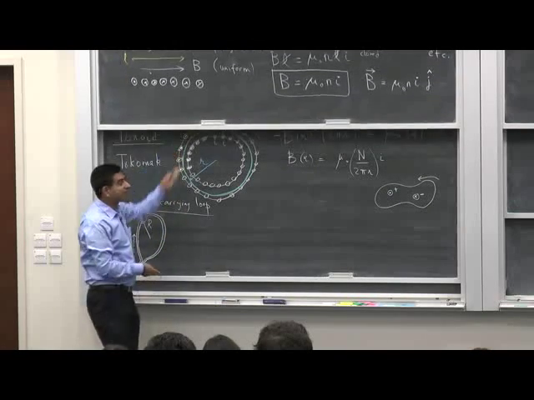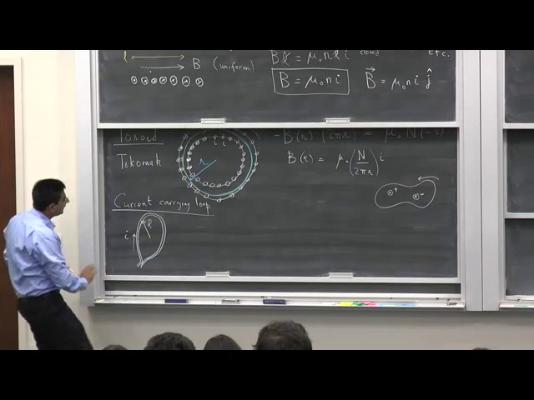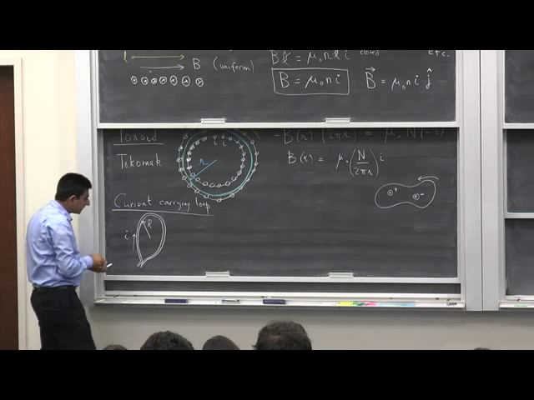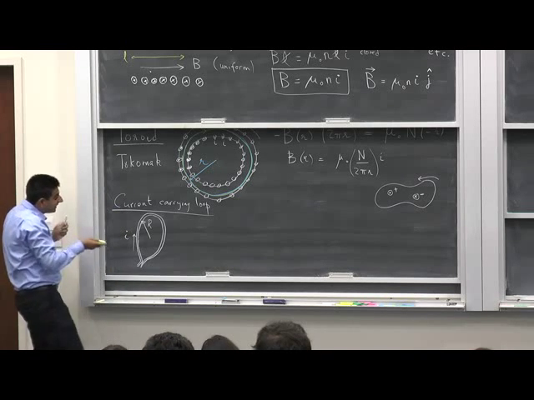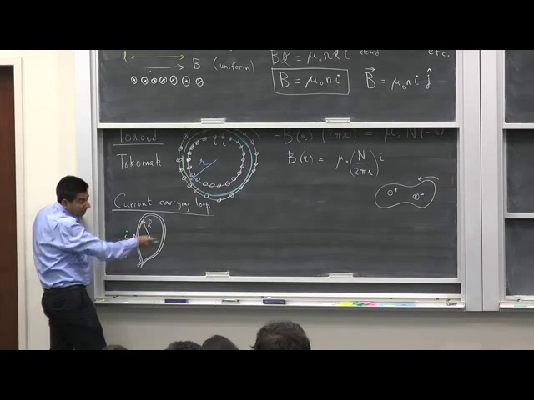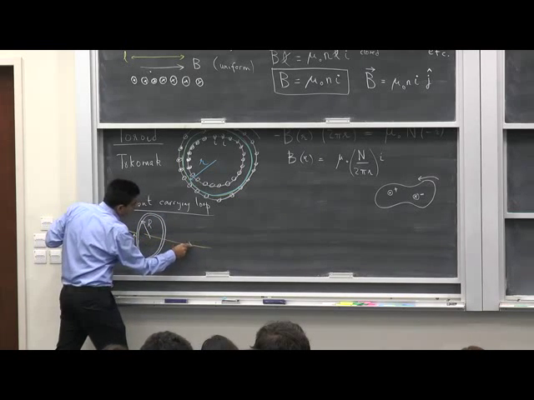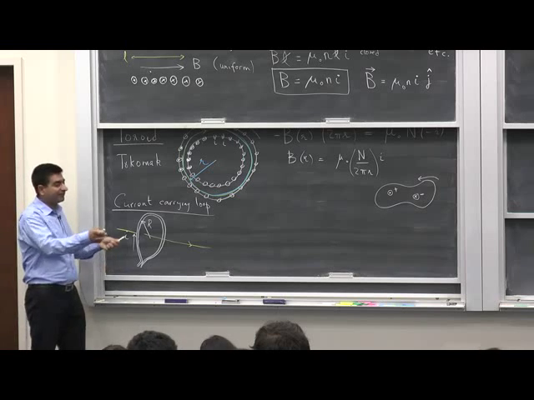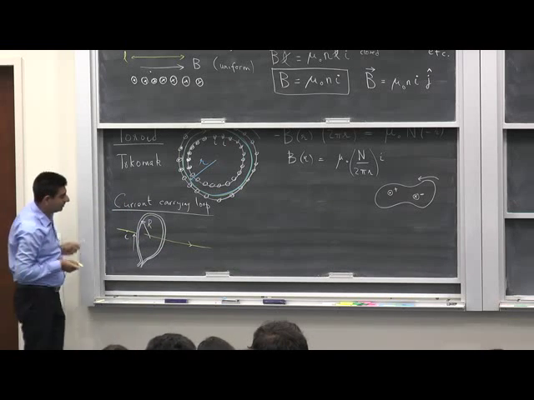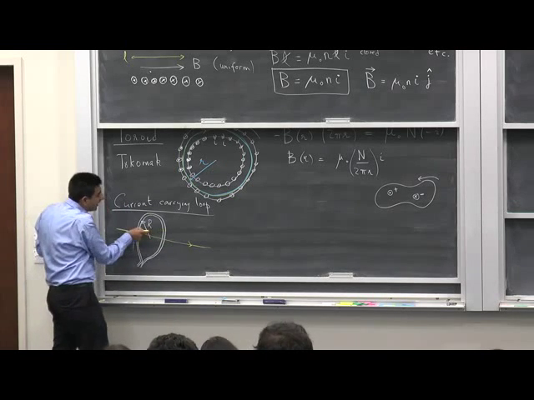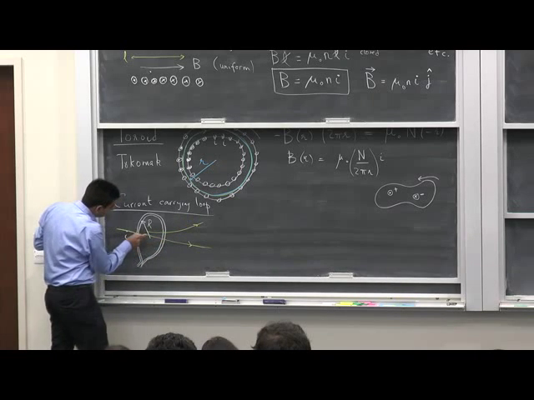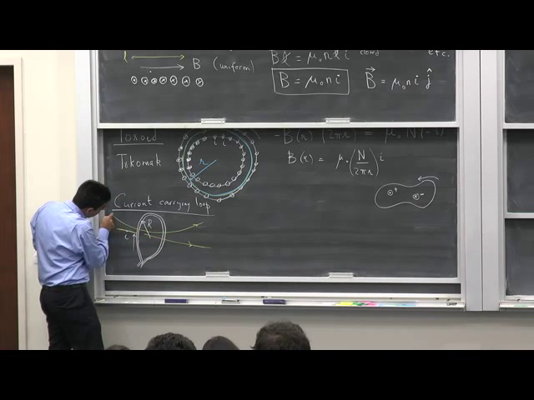Here, if I were to sketch the magnetic field, if this were the direction of the current, if I were just to attempt at sketching the magnetic field lines and would connect them by straight lines, this is what the magnetic field is going to look like. So along the axis, it's going to be normal to the coil, and away from the axis, it's going to turn like this.